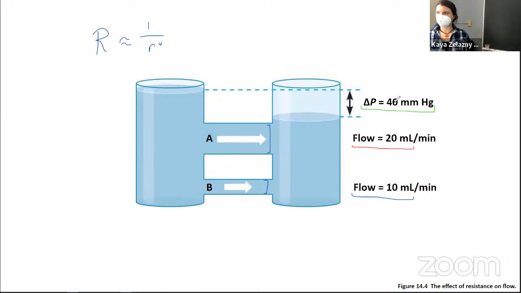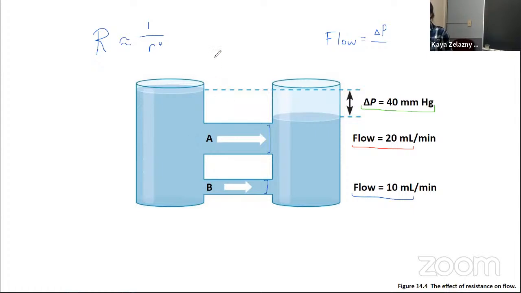That's why we have a greater flow, because of our flow equation, we have that same difference in pressure there for both of these situations. It stays 40 for both of them. But we have differences in the resistance because we have differences in the radius.